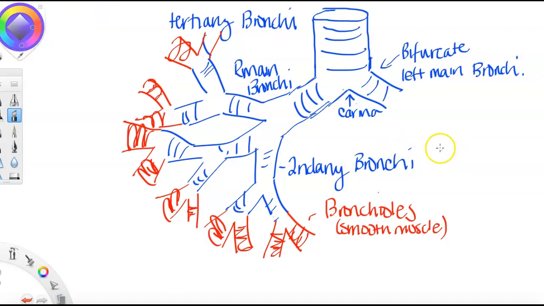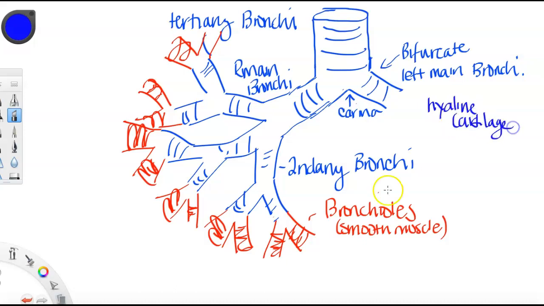And of course, the bronchi are covered with hyaline cartilage, just like the trachea. The bronchioles start out as terminal bronchioles. They go to respiratory bronchioles, and then those respiratory bronchioles go into the alveolar ducts.